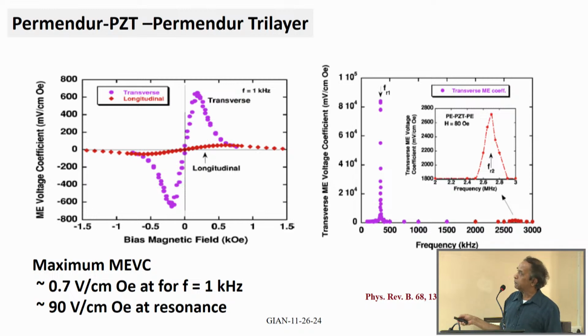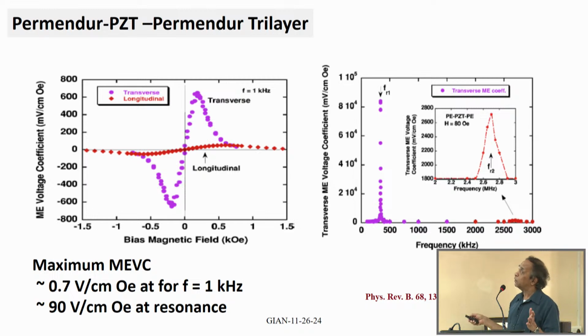And these measurements are done for an AC field of 1 kilohertz. Then for the resonance, you see this one is the longitudinal resonance mode, and the values are pretty high. It's 9 times 10 power 4, that is 90 volts per centimeter Ørsted.